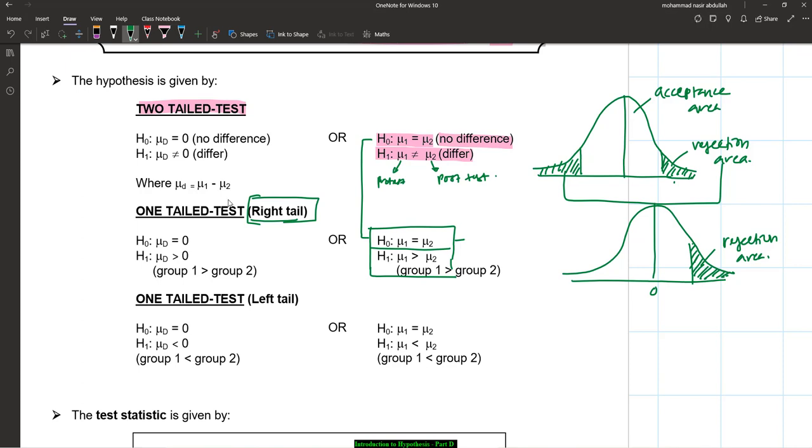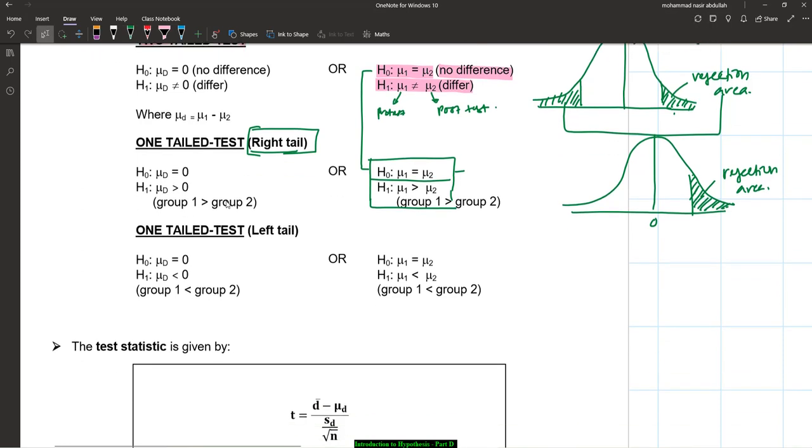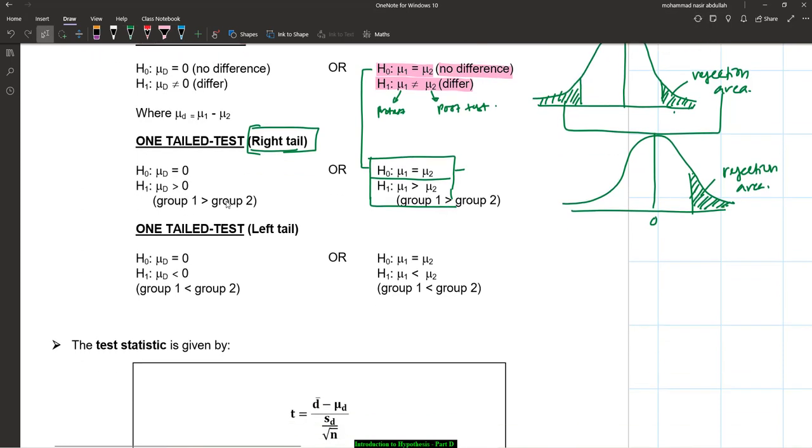So the same concept also applies for the left tail test. This is for two dependent samples, one tail test for a left tail. The alternative hypothesis will be mu1 is less than mu2. So this is for the left tail test, right? So the distribution will look like this.